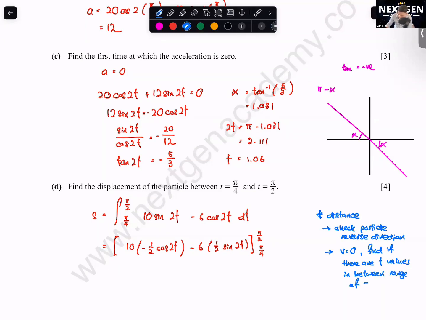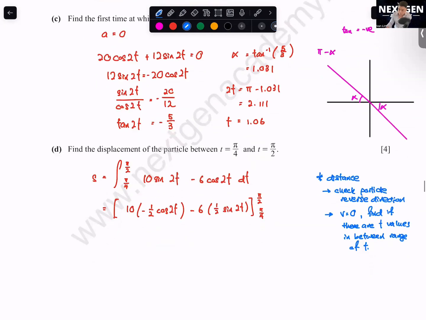So only if they ask you to find distance, then you go and find. Because for displacement, I only care about my final and initial position. I don't care about anything in between. So maybe got, maybe don't have, but we don't care for this question here.